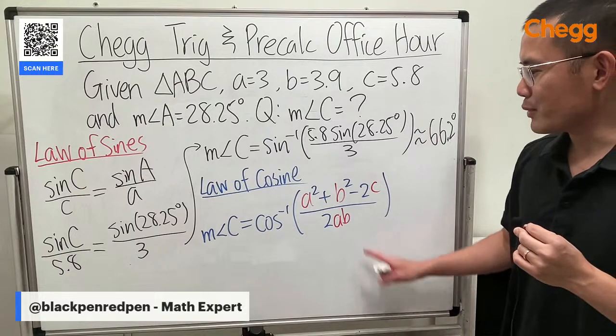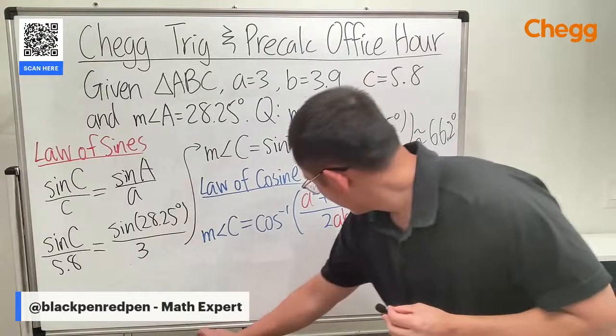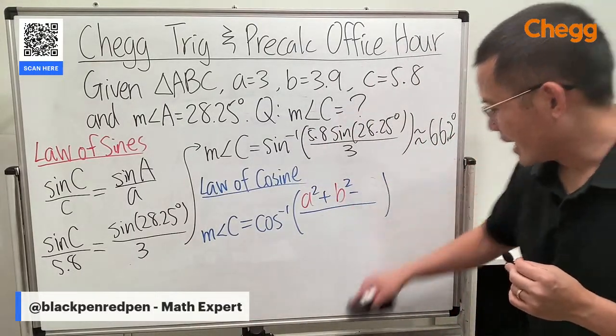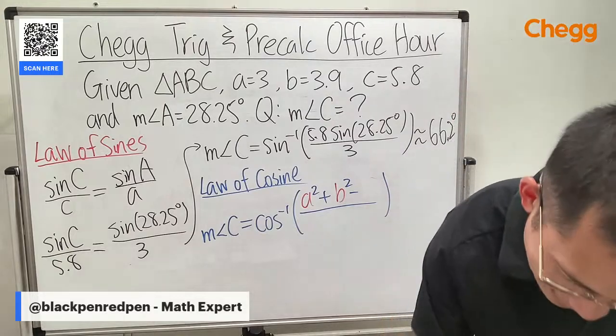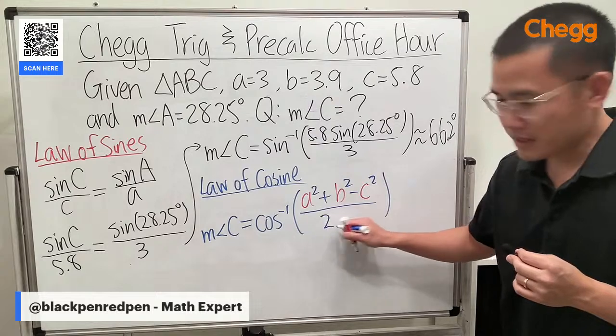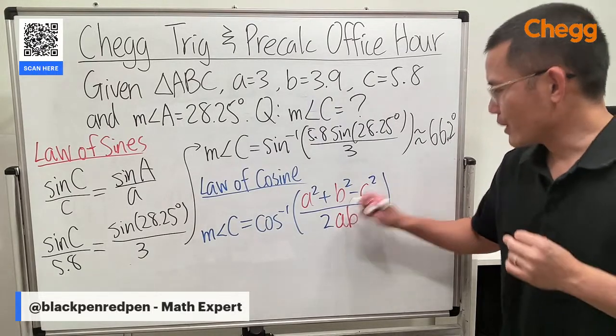Hold on, I think I remembered it wrong. No, minus C squared, and then over 2AB. Okay, now better.